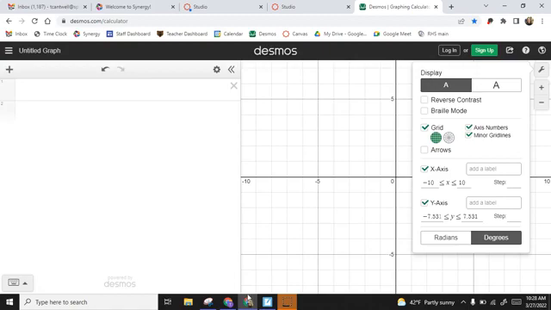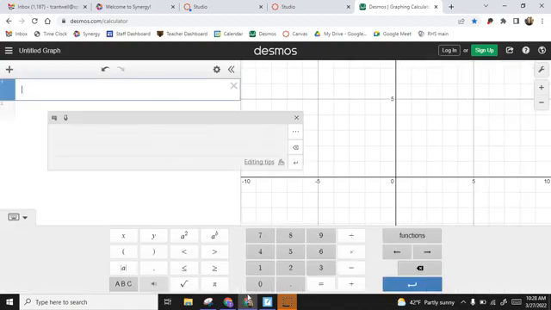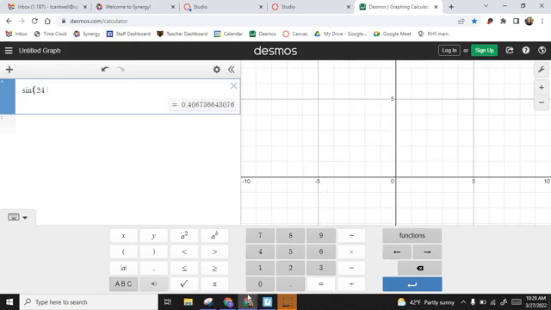This first one was sine of 24, so we can either type in the word sine, or as I prefer to do, go to the keyboard and type in the functions, the sine of 24, and it will give us this number right here, and we need to round this to 4 decimal places. Now that means we want to write 4 places after the decimal, but we have to look at the 5th value to see if that makes the 4th one stay or if it makes it go up.